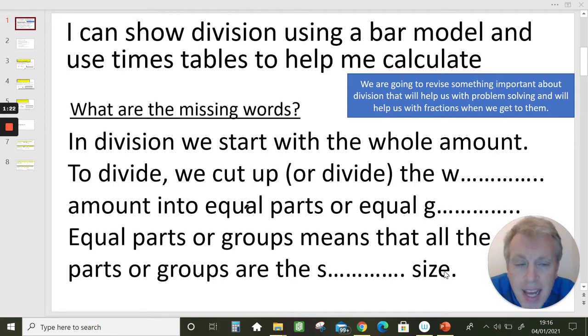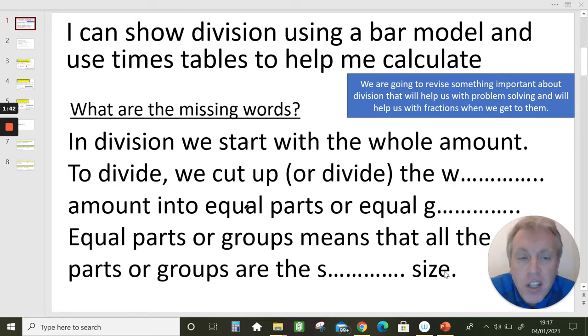So, in division, we start with the whole amount. The whole amount. All of it. And to divide, we cut up, or we split up, or that is dividing.